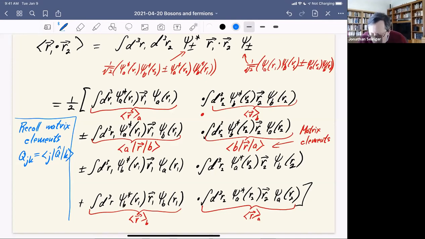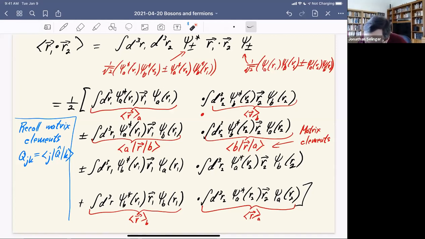That is just what we have here. These things are matrix elements of the position operator. That's what's in the middle, there and there. So this is the position matrix element between state A and state B. And this is the position matrix element between state B and state A.